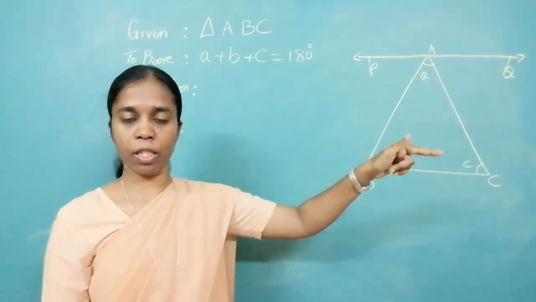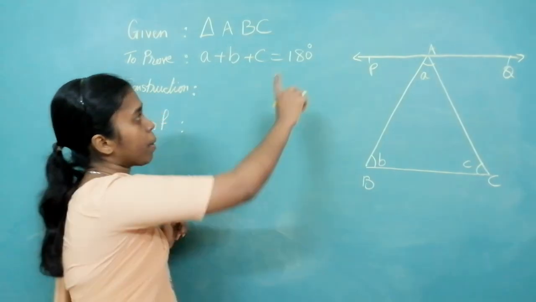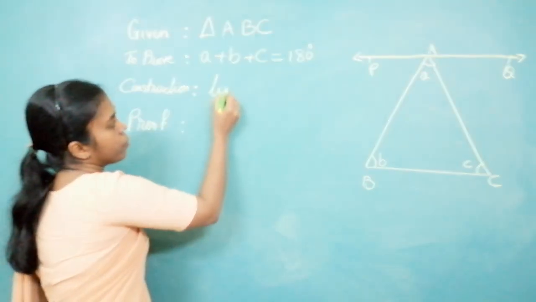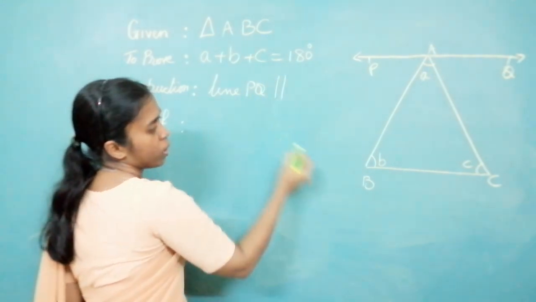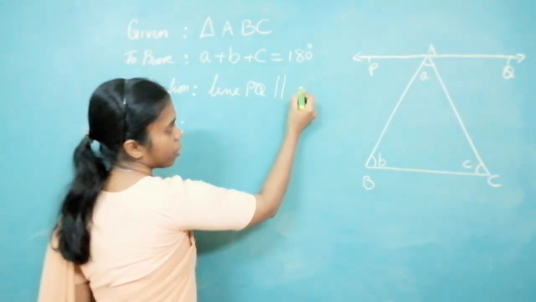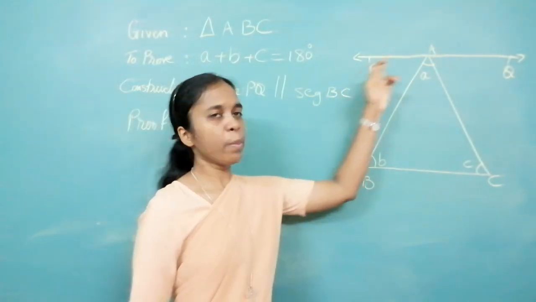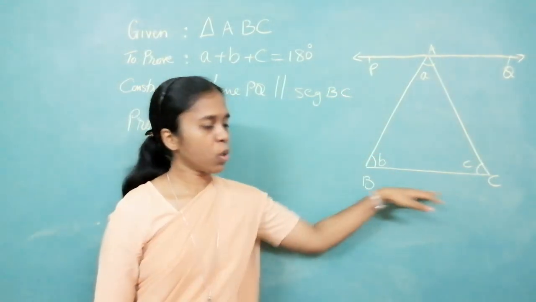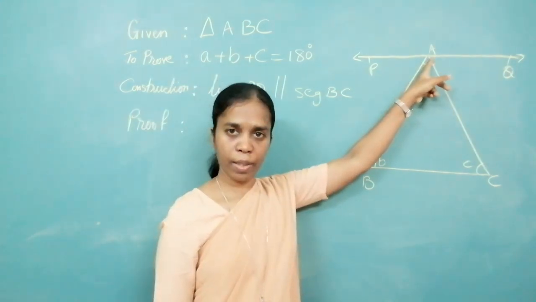I am constructing it in order to help me to prove it. So what I am constructing? I am constructing line PQ parallel to, it is not line BC, okay, segment BC. So line PQ parallel to segment BC passing through the point A.